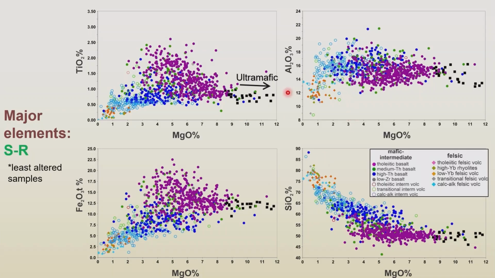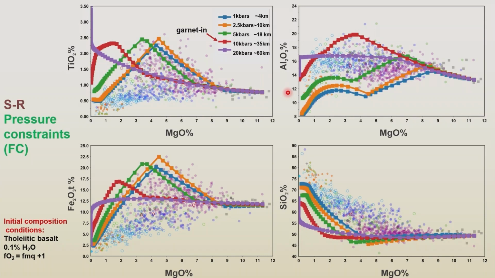So for the fractional crystallization models, we first want to establish the most common pressure that we might observe. One of the cases that we use here was anhydrous tholeiitic basalt. Normally these anhydrous tholeiitic compositions tend to gain iron and titanium.